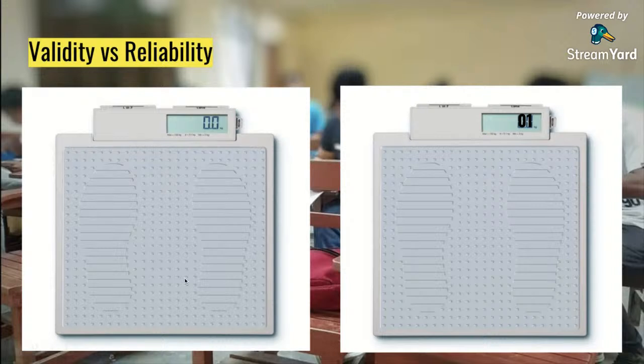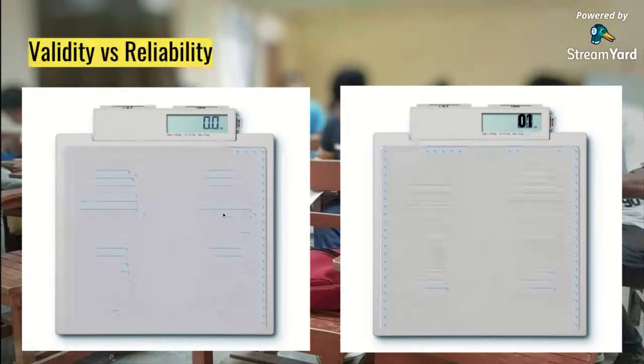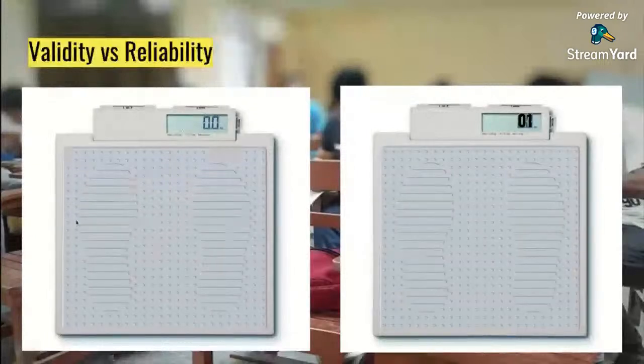Or maybe there's a slight difference, but I would say that this weighing scale is giving me a reliable reading because it's giving me the same reading whenever I take my weight. Of course, assuming that I did not gain weight. That's our assumption.